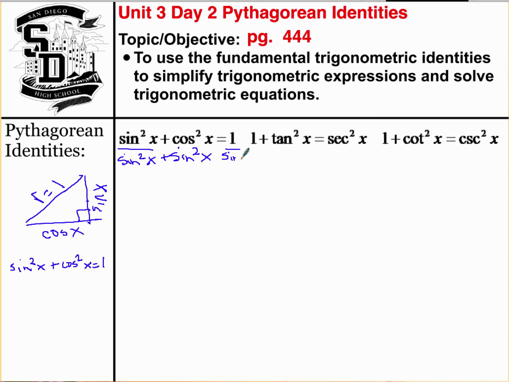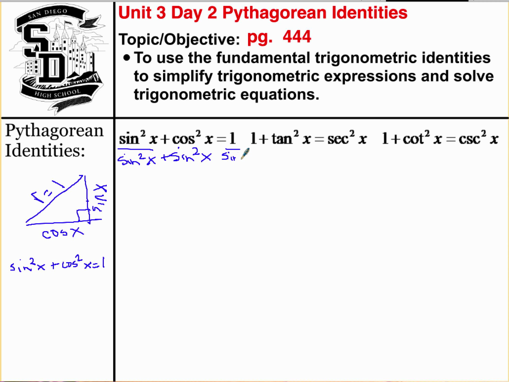But wait, there's more. I can also try the same thing with my 1 plus tangent squared equals secant squared formula. So with this one, I could isolate the number 1 if I wanted to. And that would mean I'd have to move tangent squared to the other side.